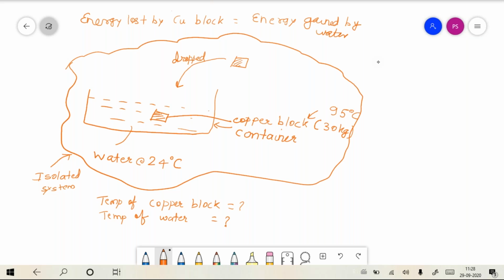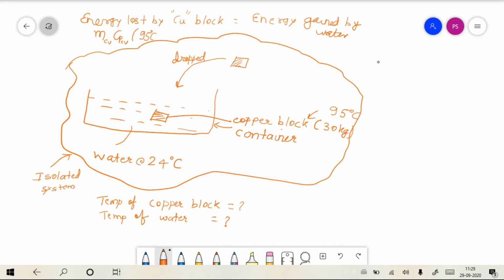Now, what is the energy lost by the copper block? The copper block loses energy equal to the mass of the copper block, times Cp, the specific heat of the copper block, times the initial temperature minus the final temperature, because the copper block is cooling from 95 degrees centigrade.